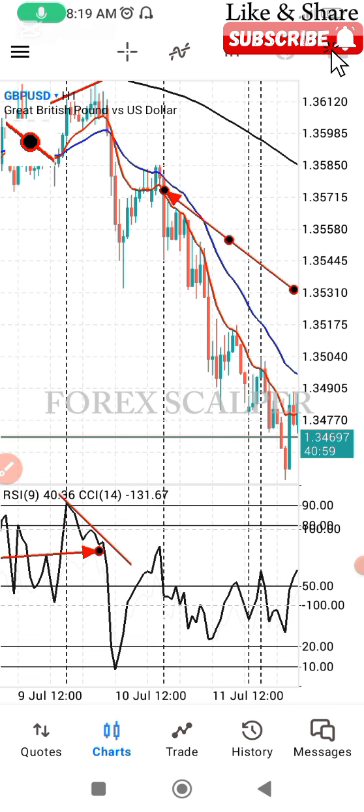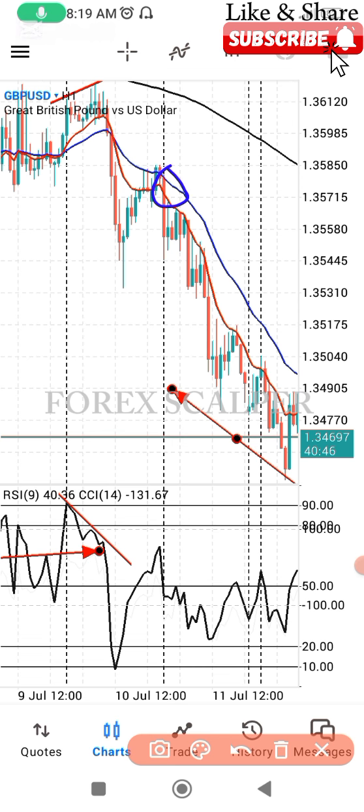Then price begins to respect only the 25 and the 10 moving average, such as in this particular scenario. You can see that price pulls back only to this zone, gives us a candlestick pattern, and then from here we are in that sell to the downside.